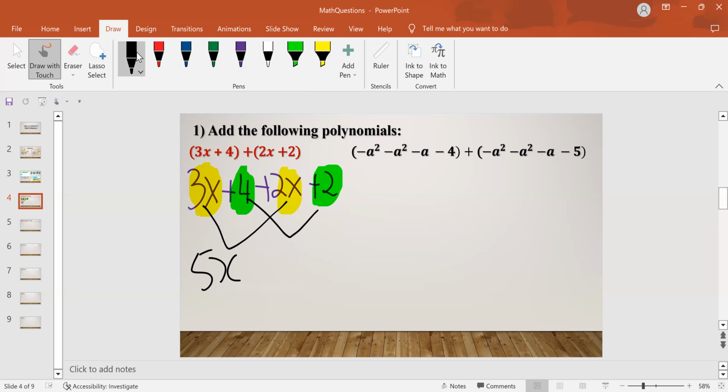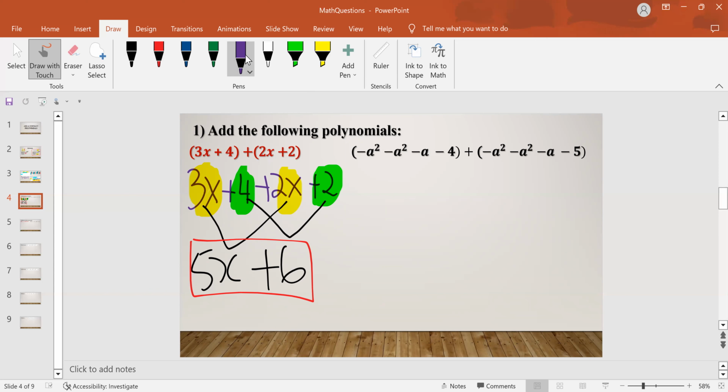Adding 4 to 2, we have positive 6. Therefore, the answer to that question is 5x plus 6. That's it. We cannot go further because 5x and the positive 6 are not like terms to add again.